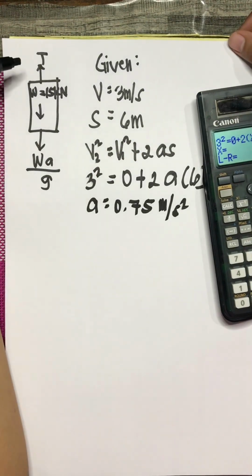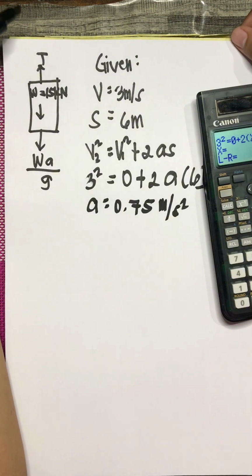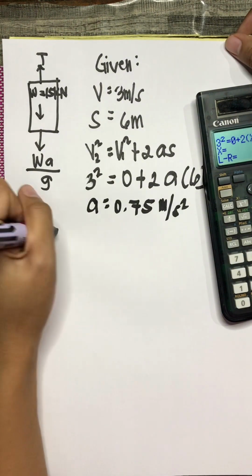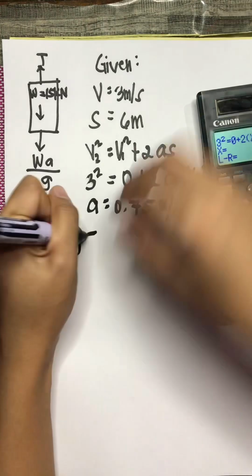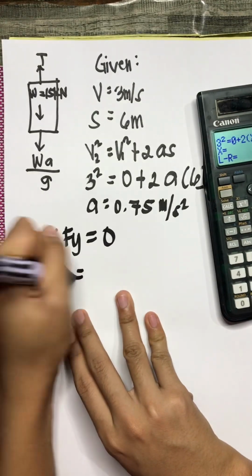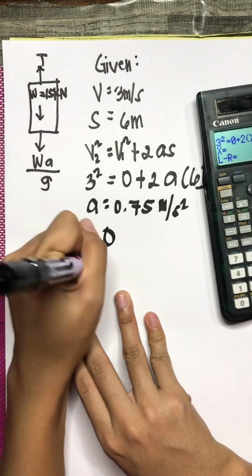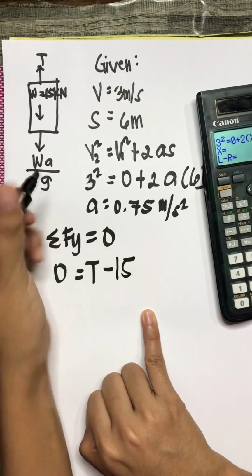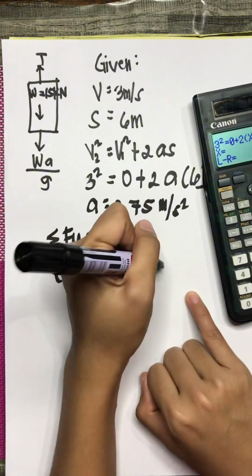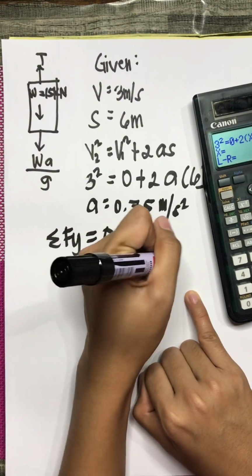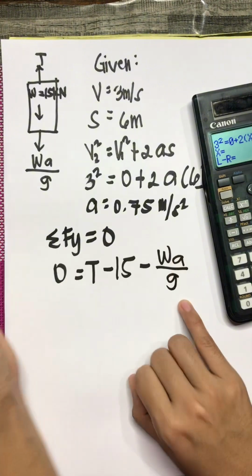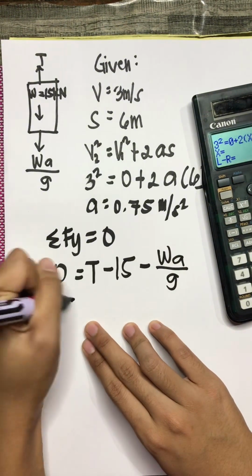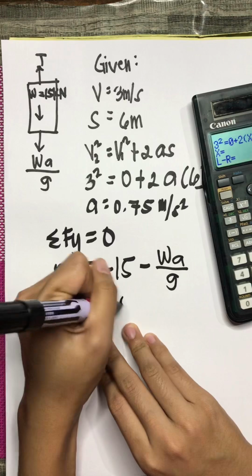To find the tension, we need to sum all of the vertical forces. So summation of Fy equals 0. So 0 equals, the tension is going upward, so it's positive. Then the weight is negative because it's downward. Then also the reversed effective force, weight over g.